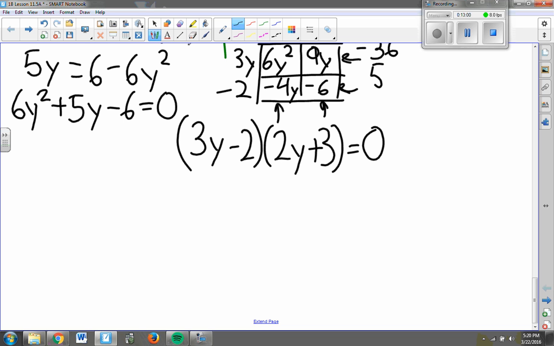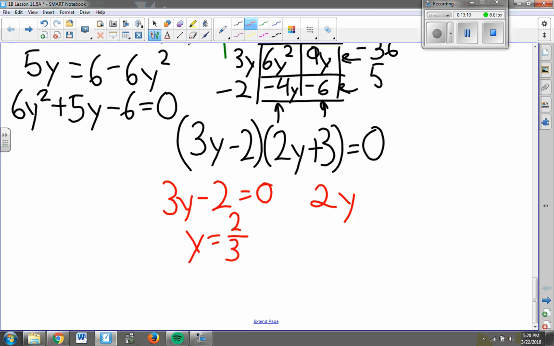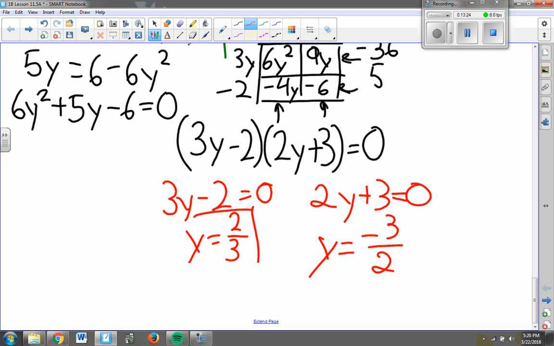So I can split that, obviously, into my two options. 3y minus 2 equals 0, in which case y equals 2 divided by 3. Or 2y plus 3 equals 0, in which case y equals negative 3 over 2. There are my two answers.